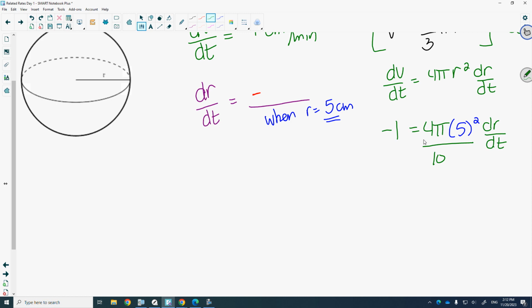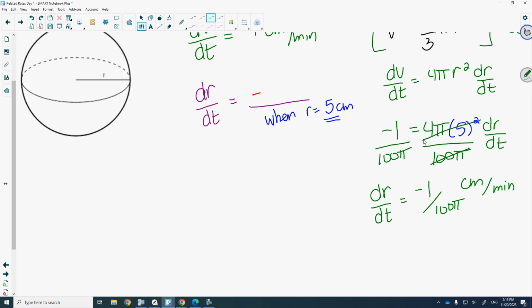So divide this side by 100 pi, divide this side by 100 pi, then that and that would cancel. So the rate at which the radius is changing with respect to time, the snowball is melting, so the radius is going down. It's -1 over 100 pi, and it's radius, so it'd be centimeters per minute. And that's the rate at which it would be changing.